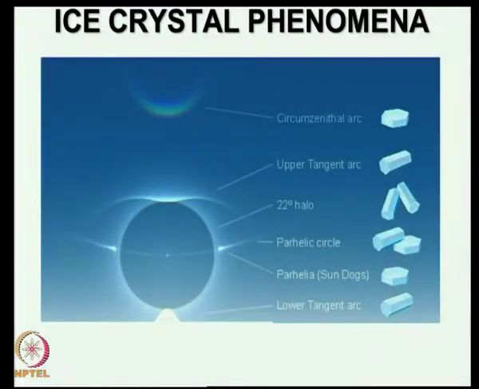The phenomena that are observed from crystals have been given a lot of nomenclature, so that people can compare and contrast their discoveries. The one you see on the top is called the circumzenith arc, which you see well above the sun, and that is caused by flat ice crystals.